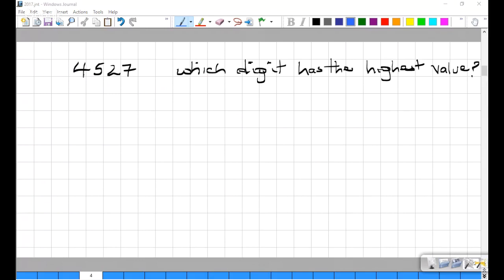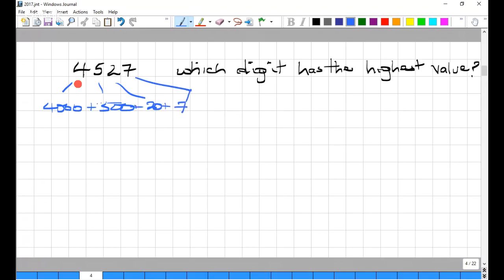Because I did the place value, and 4 will be equal to 4,000. 5 will be equal to 500. 2 will be equal to 20, and plus 7. So 4,000 has the greatest value. That's correct.